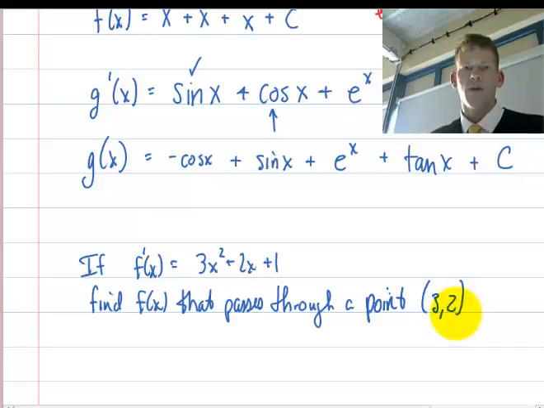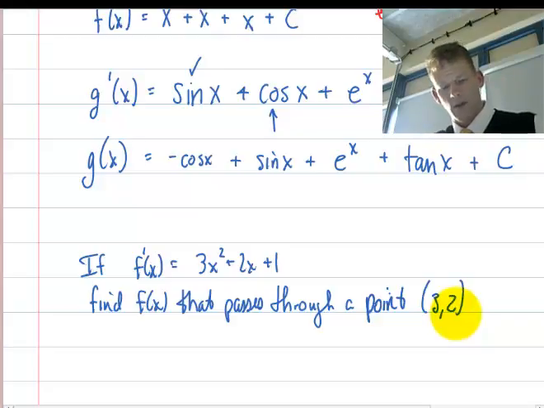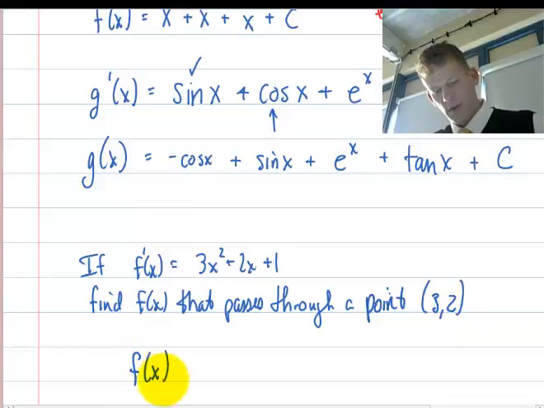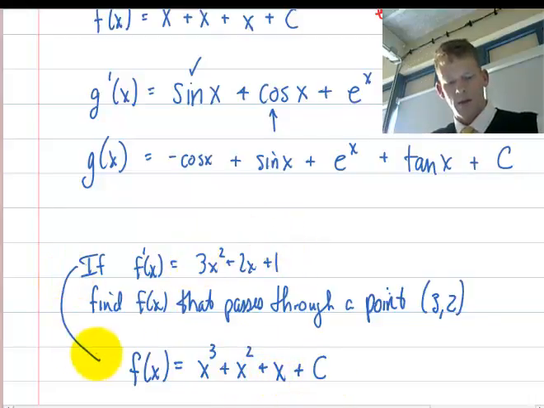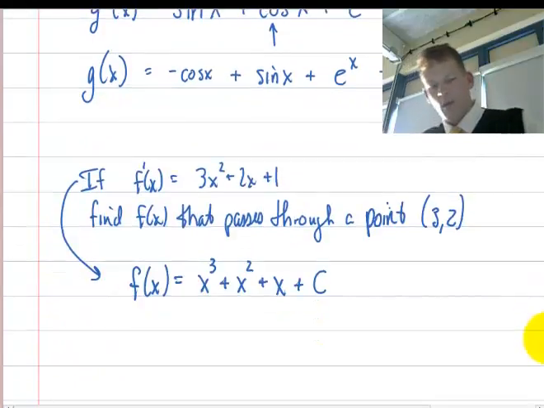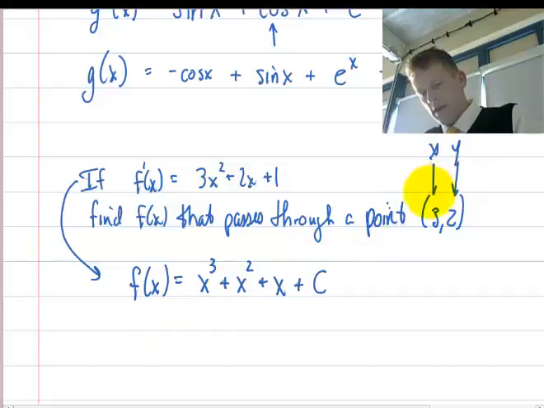So now we want a specific function that passes through a certain point. So this is where we're going to use that condition to actually solve for the c constant. So the function anti-differentiating is going to be x cubed plus x squared plus x plus c. We did the anti-differentiation process to get here, and now we use that initial condition. That's the y value, that's the x value.